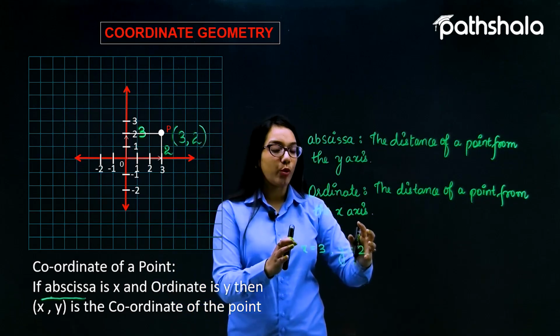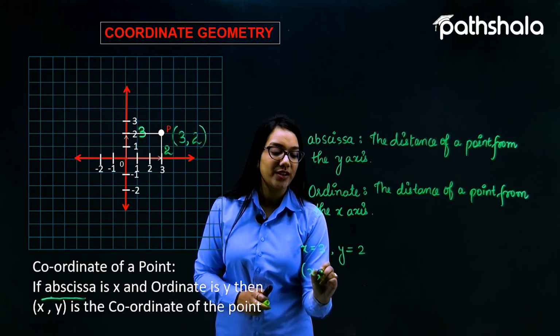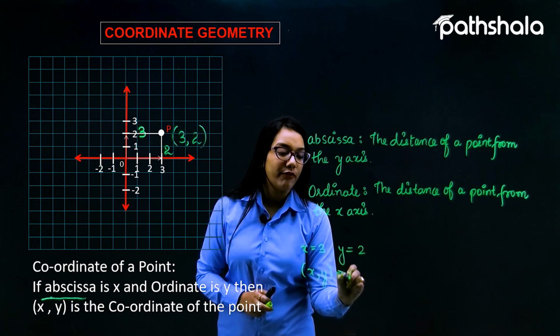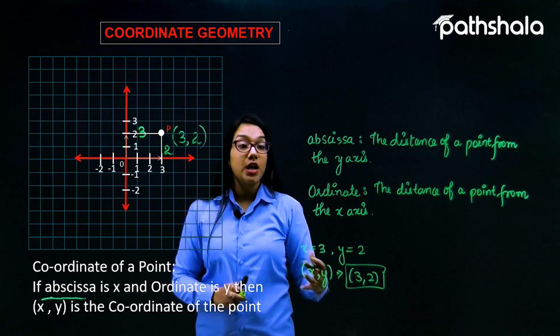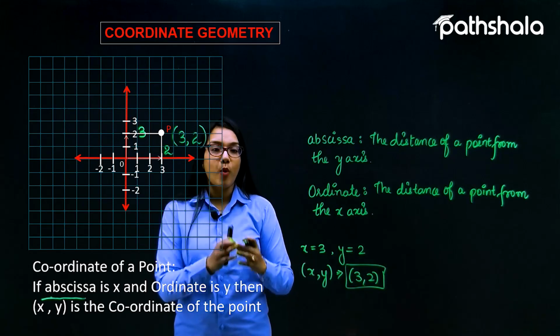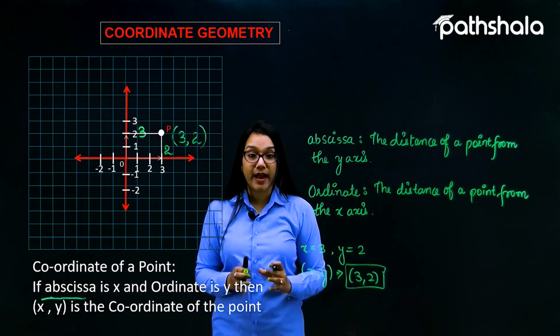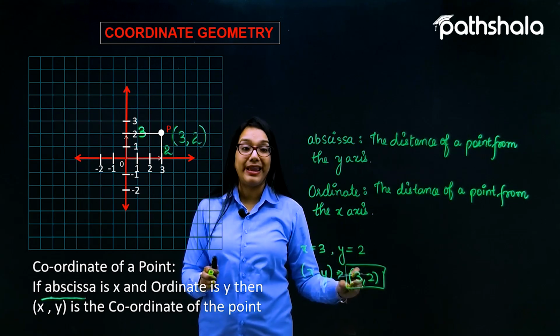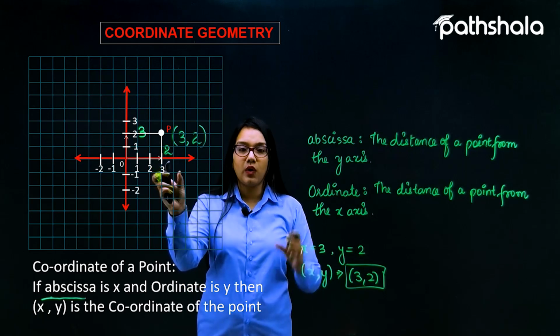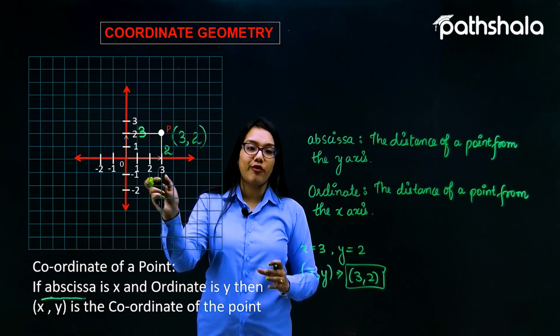So when we write both of these in the formation of 3 comma 2, this is called the coordinate of a point, which specifies the position of a point in a plane. So this is all about the coordinate of a point.